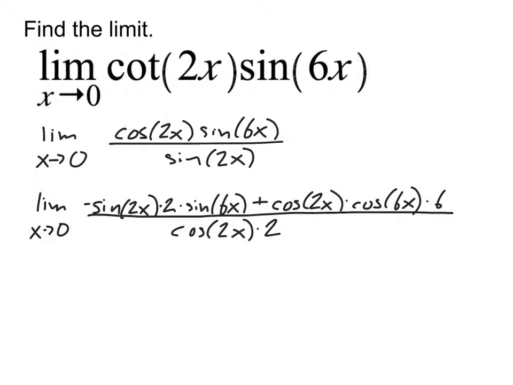Now at this point, I'm going to have to look and see if I plug 0 in for x, does it still give me 0 over 0? Well, I can either clean this up first, or I can just plug it in. And at the moment, I'm feeling kind of lazy about it, don't really feel like doing all the work to clean it up, so I'm just going to start plugging in the 0 and see what that gives me.